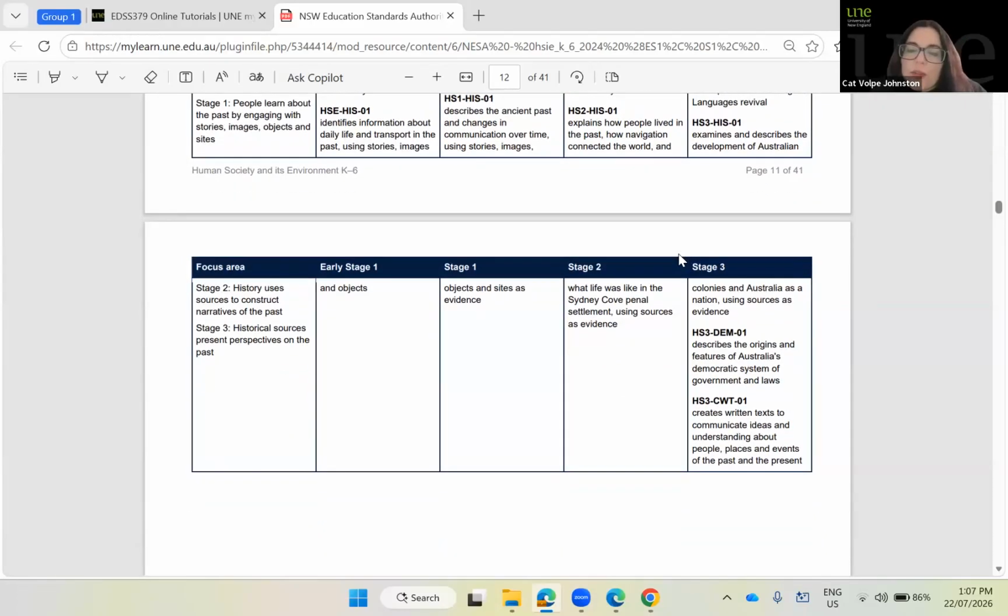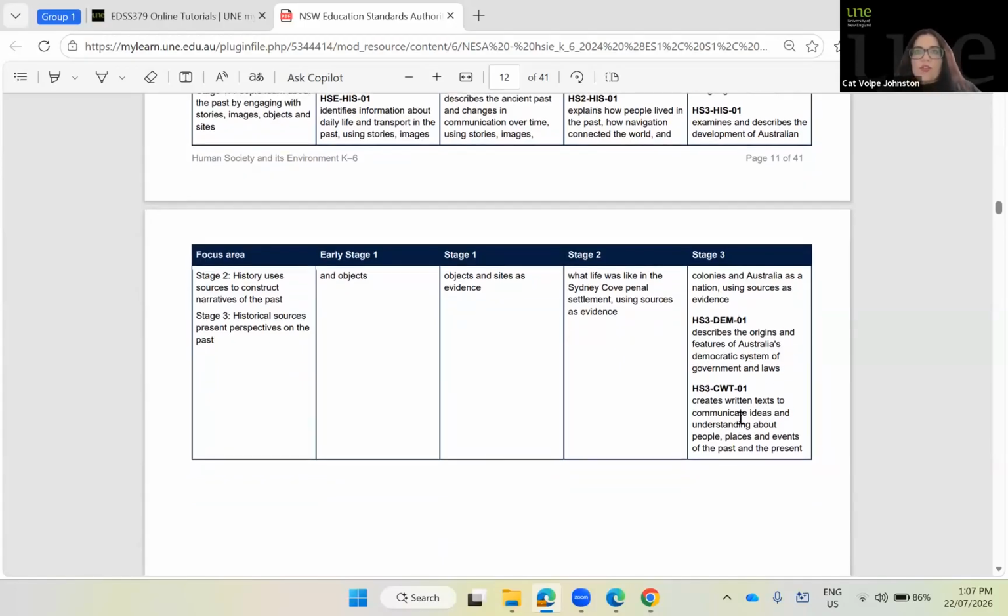There are 2 additional outcomes, which I mentioned earlier on in this video, which were clear in the aim, I believe it was, or I mentioned that there were a couple of new things focused on, or at least highlighted as an outcome. So in history, there's a new outcome for stage 3, describing the origins and features of Australia's democratic system of government and laws. That was taught in the 2012 syllabus, but here it is much more pronounced.